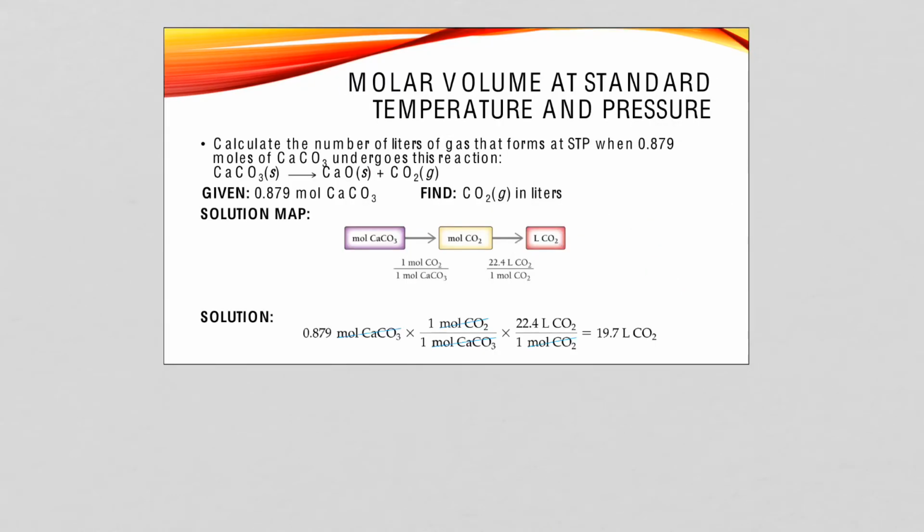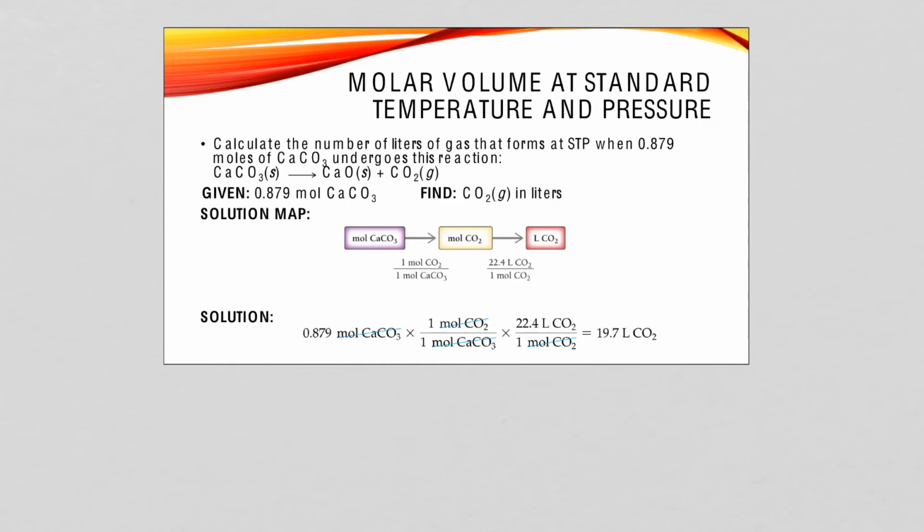Okay, so now let's look at a simple problem dealing with how we might use the standard molar volume in a simple stoichiometry problem. We want to calculate the number of liters of a gas that form at STP, or standard temperature and pressure, when 0.879 moles of calcium carbonate undergo the reaction given here.